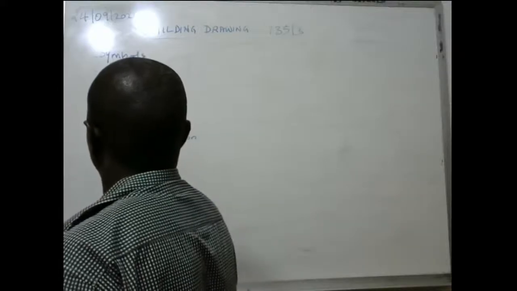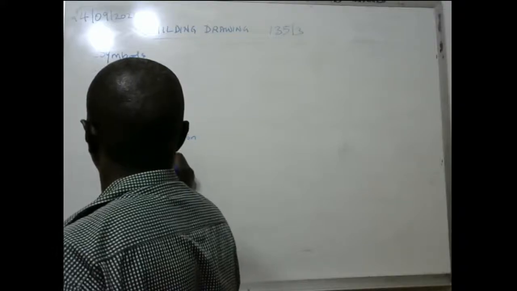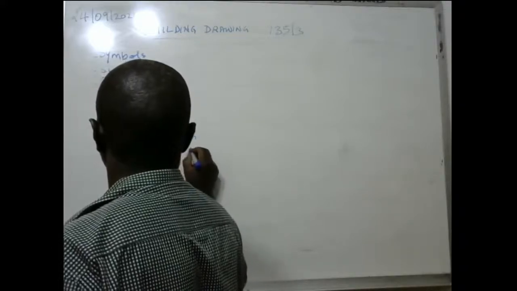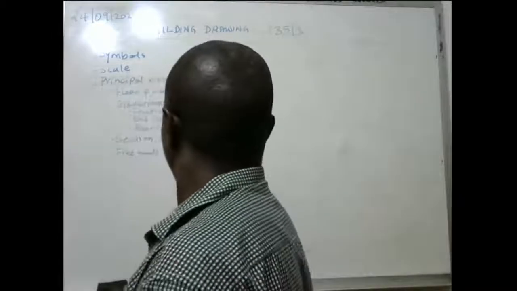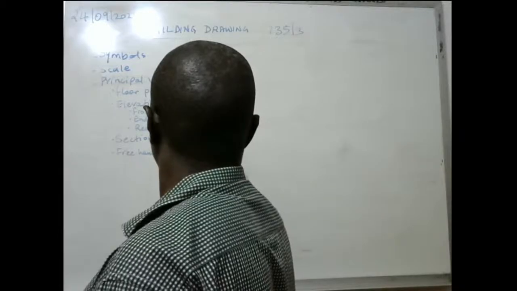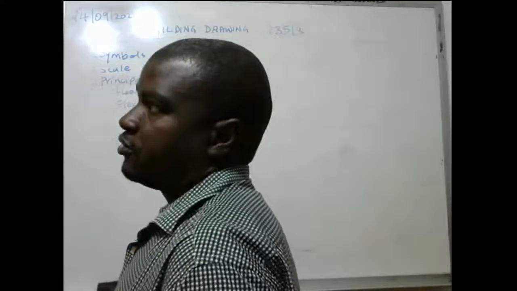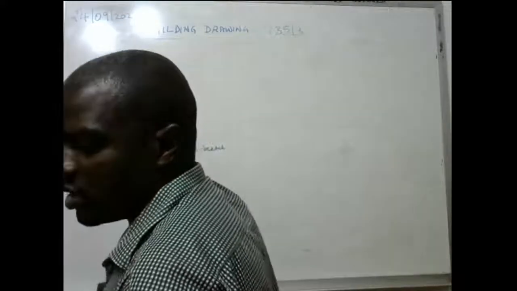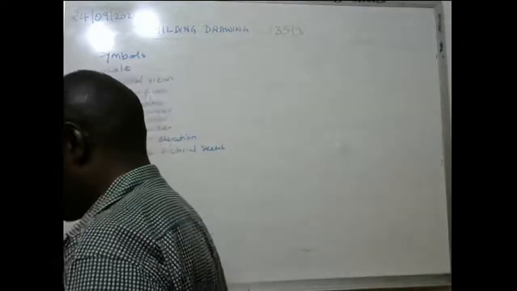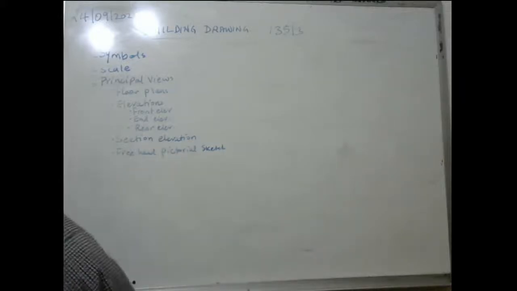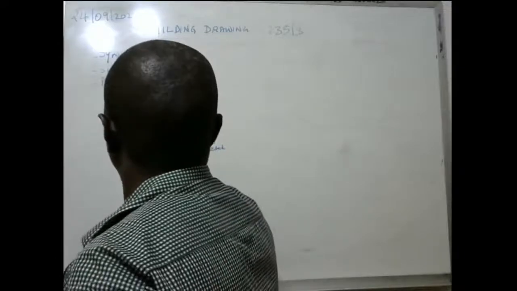And then we also have the freehand pictorial sketch. In fact, it's a sketch, not just pictorial. Freehand, meaning that we have to use our hands free, no instruments, to develop a picture of the building.